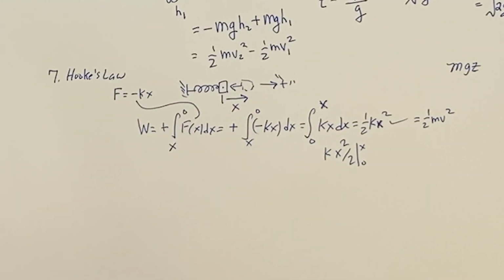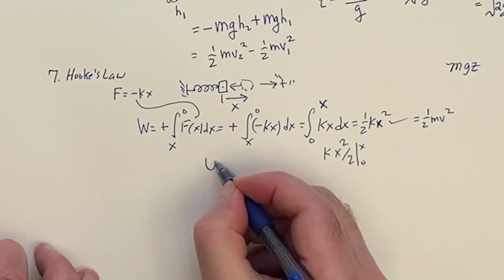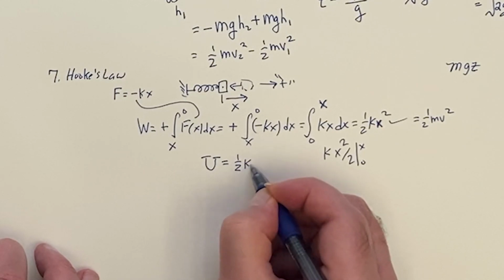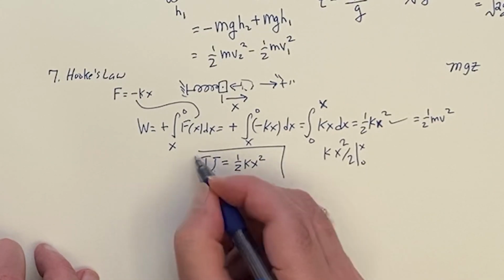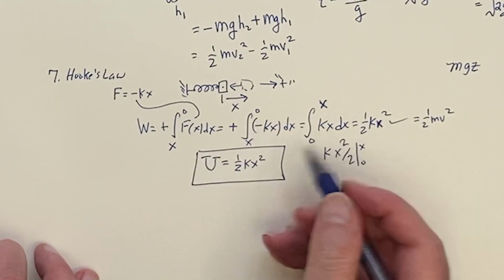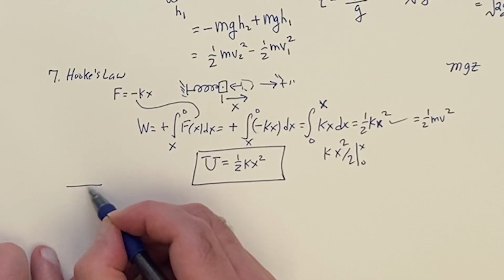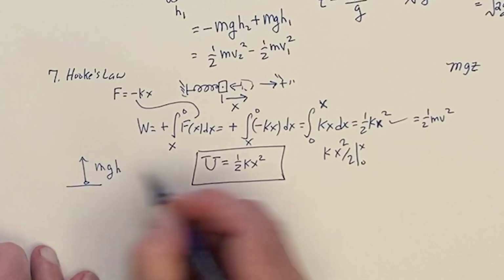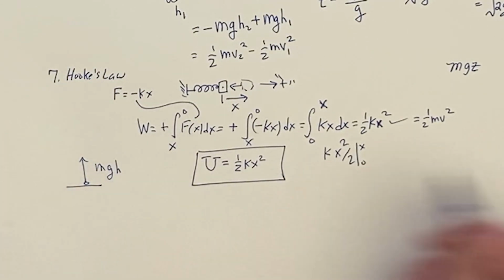So the potential energy for the spring is 1/2 kx squared. Just like if we picked up the mass, we would have mgh, here, pull it back, get 1/2 kx squared.